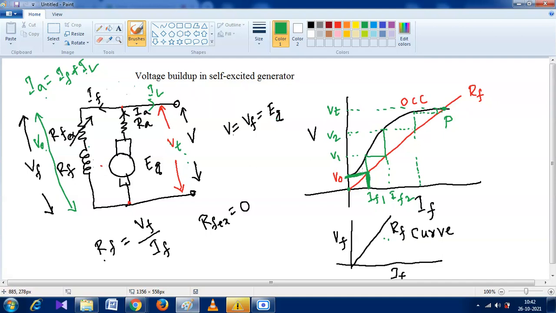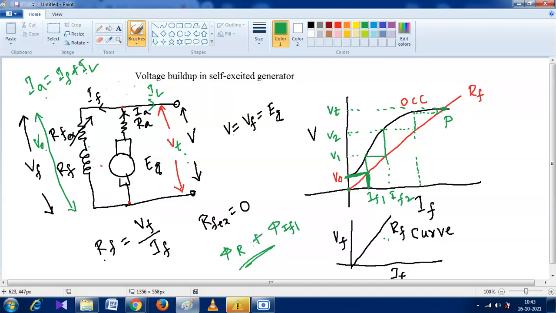If the flux is now additive with the residual magnetism, पहले कितना फ्लक्स था? रेसिडुअल का था, फिर क्या आया? ड्यू टू IF1 ये होगा फ्लक्स, पहले रेसिडुअल मैग्नेटिज्म के लिए फ्लक्स था, फिर द फ्लक्स ड्यू टू द IF1 current.